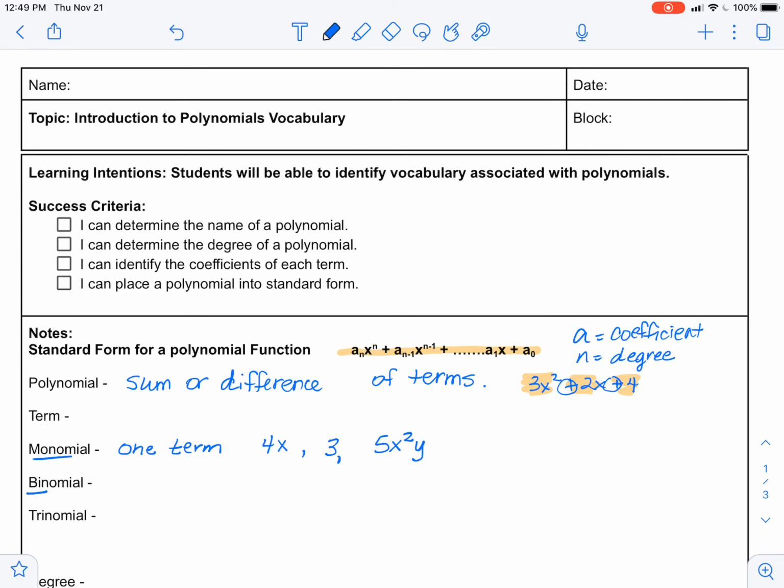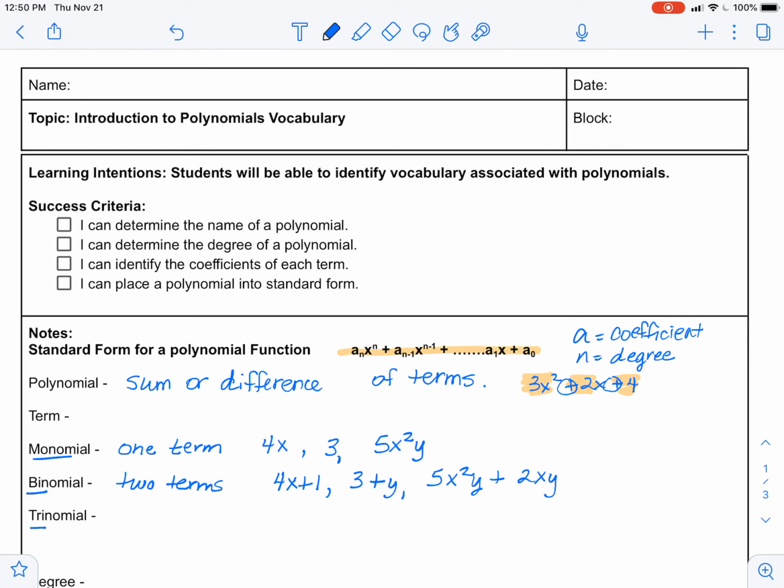Then we have the binomial, just like what it sounds, which is two terms. So that might be like 4x plus 1. That could be 3 plus y. It might be 5x squared y plus 2xy. Any of those would be binomials.